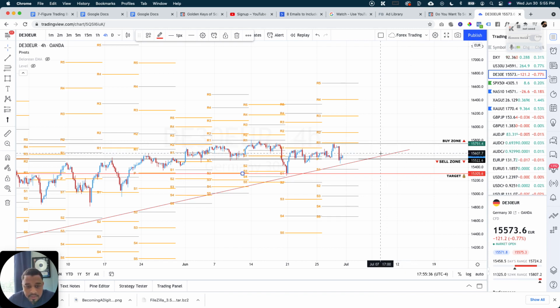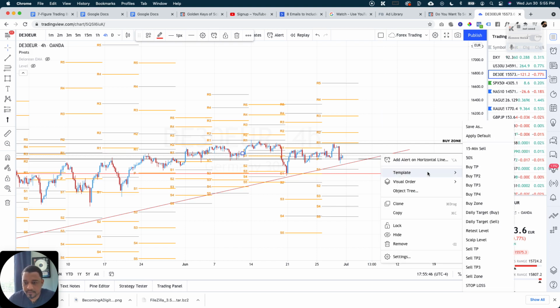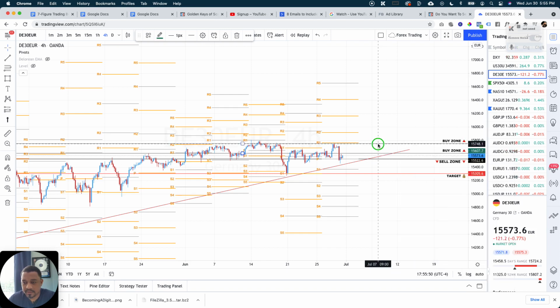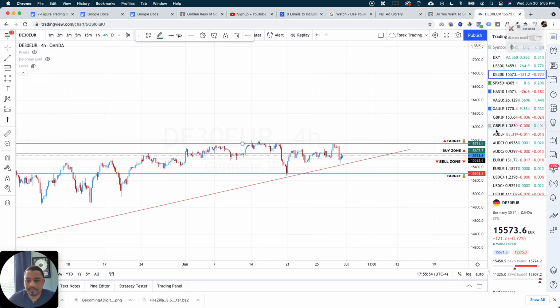You could actually buy German 30 right in here. And then this buy zone would be a target. Clean it up.